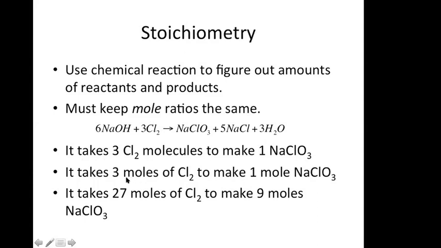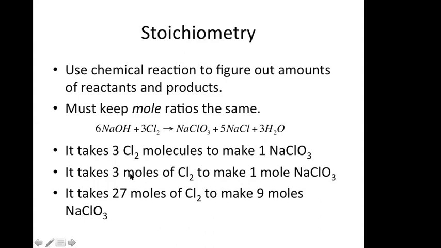So we could also say it takes 3 moles of Cl2 to make 1 mole of NaClO3. So whether we talk in molecules or moles, that ratio stays exactly the same. And so even if we can't remember the number 6.02 times 10 to the 23rd or how to convert back and forth, it's okay, because all we need to know is that that ratio is the same.